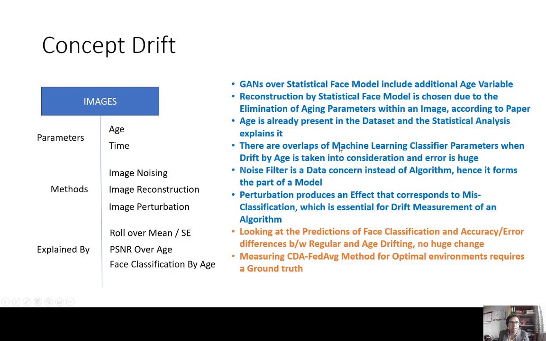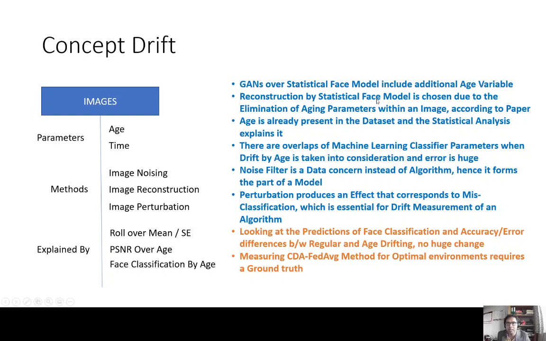So this is a concept drift where I considered parameters such as age or time, then methods: image denoising, image noising, image reconstruction, image perturbation, explained by rolling mean or standard error, PSNR over age, phase classification by age. So this is GANs over statistical phase model including an additional age variable.